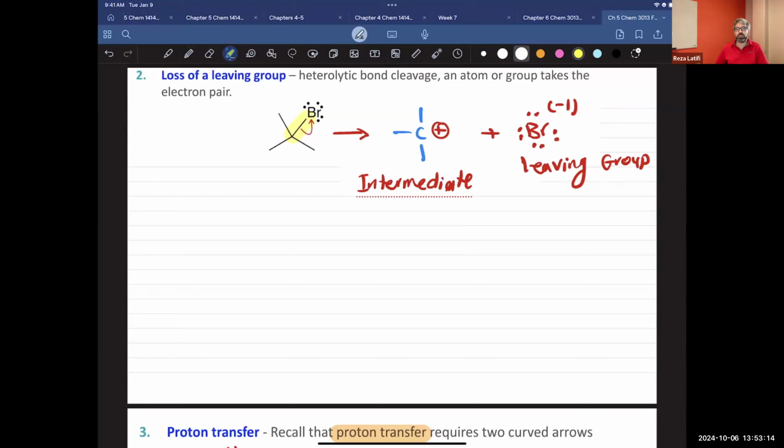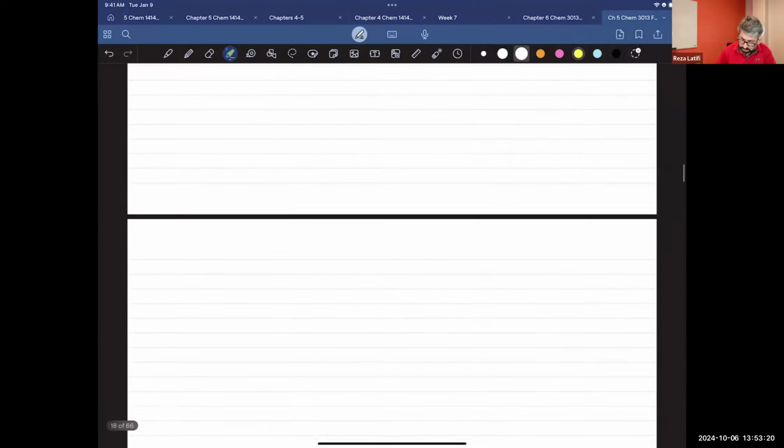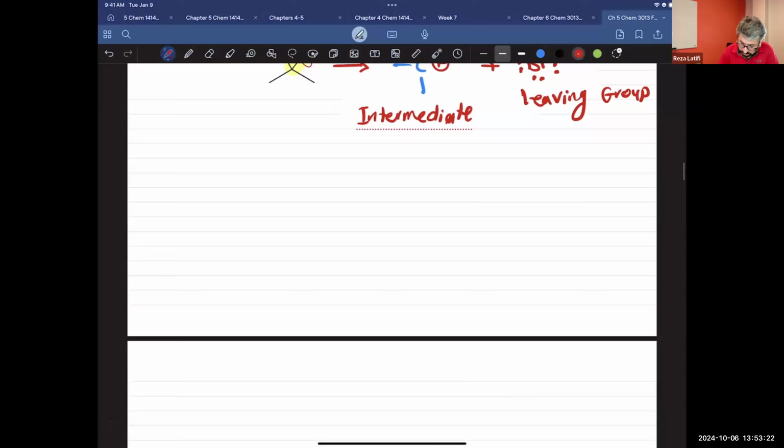Let's talk about the leaving group. For now, go with this. If you want to order the size of particles, size decreases to the right side of the periodic table, and down in any group, size increases. Let's talk about group 7.